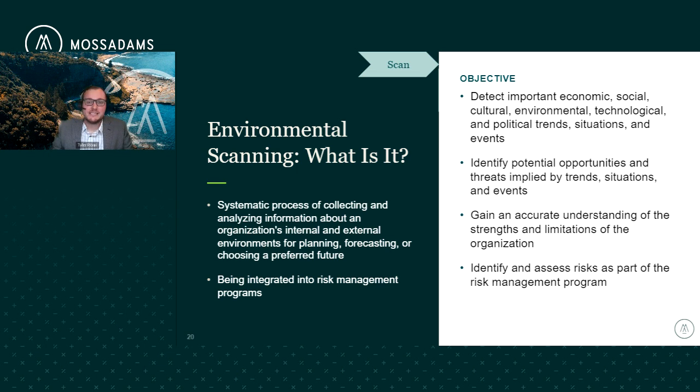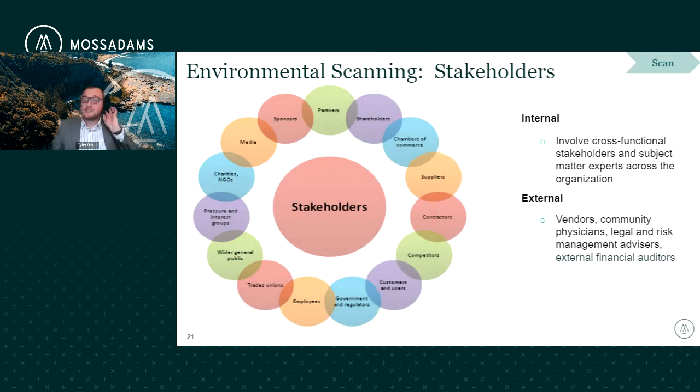And so this next slide, I will admit it's a little busy, and I believe it's busy for a purpose, because I think it's really easy to think that entity-wide risk management doesn't actually include the entire entity. And I think this graphic shows that it does. So when looking at potential stakeholders when doing the environmental scanning, we really like to look both internally and externally.